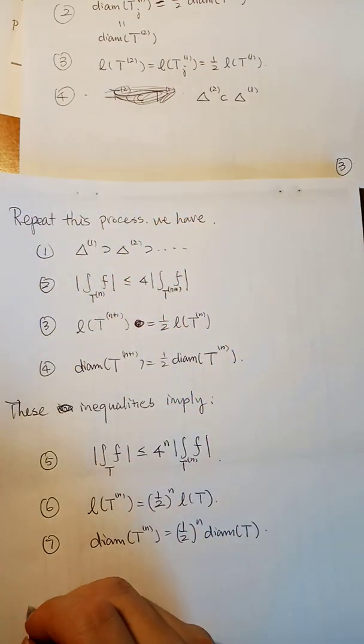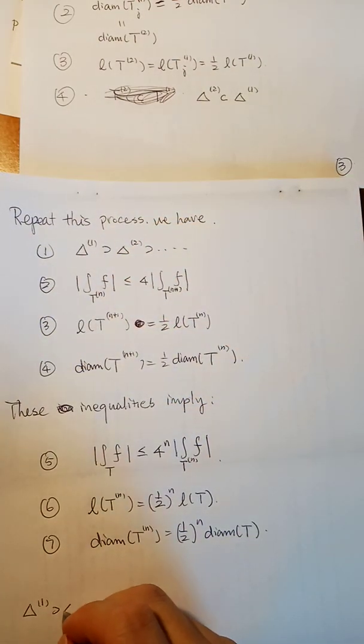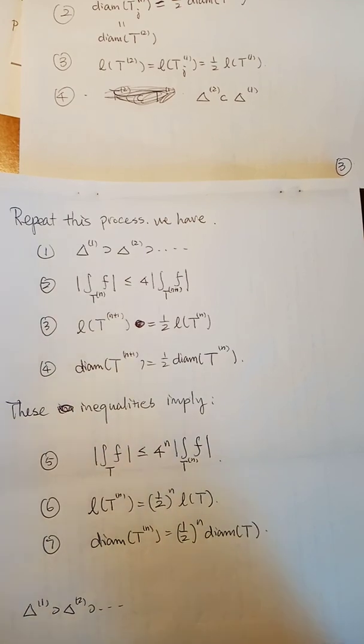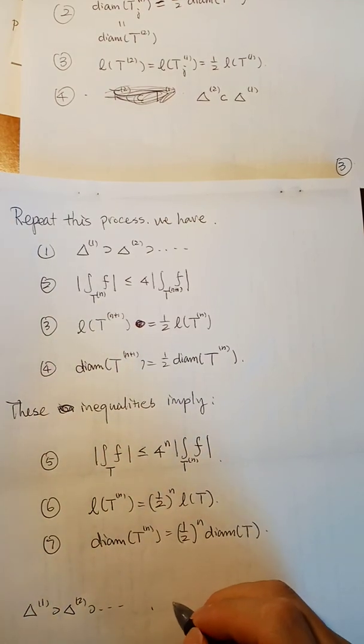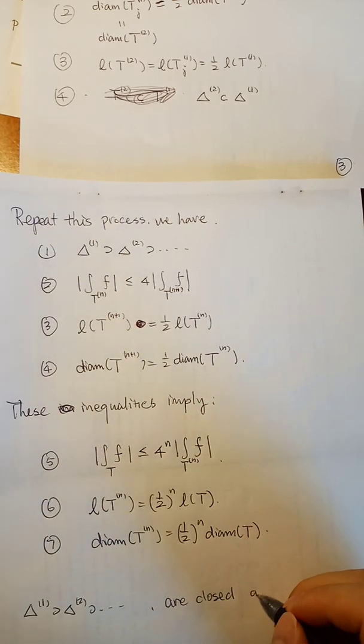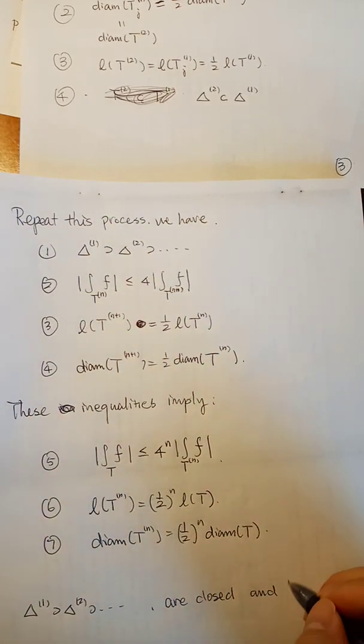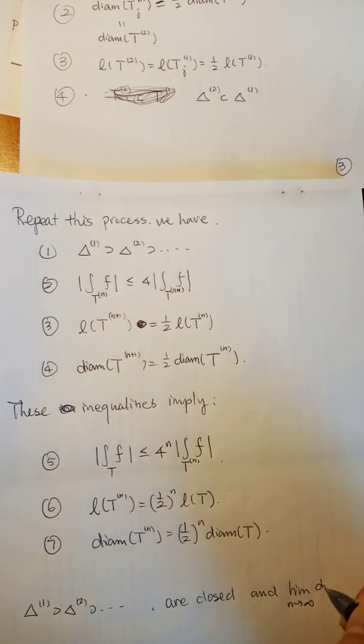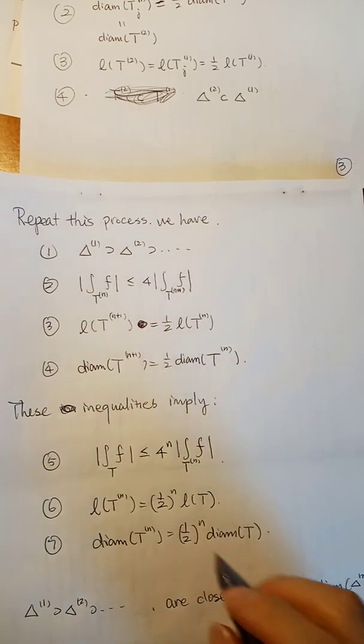And the first one, delta 1 is contained in delta 2, and they are closed, and the limit of the diameter of delta n approaches 0. This is a fixed number.